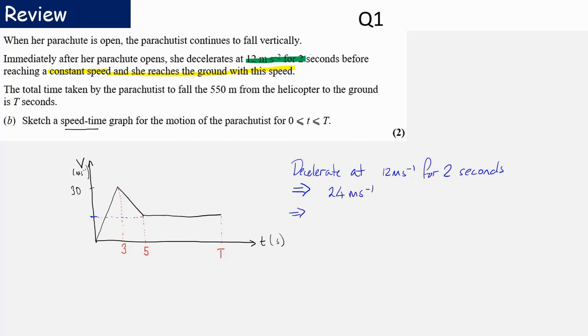If I started at 30 meters per second, by the time I've taken away 24 meters per second from that, I'm now down to a speed of 6 meters per second. So that looks like my completed velocity time graph.